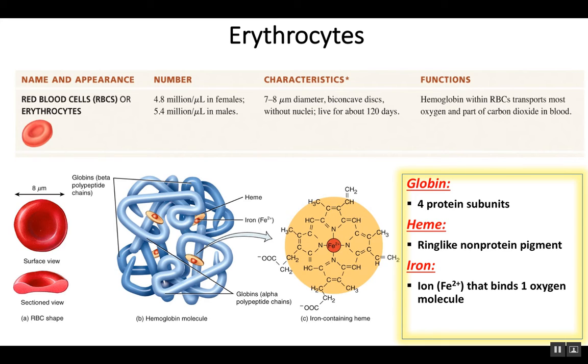Iron is the atom that will bind a single oxygen molecule. So if you look at the entire tetramer of hemoglobin, tetramer is a 4-unit molecule, you can see 4 globins, 4 hemes, 4 irons. Therefore, a single hemoglobin molecule can transport 4 oxygen molecules.